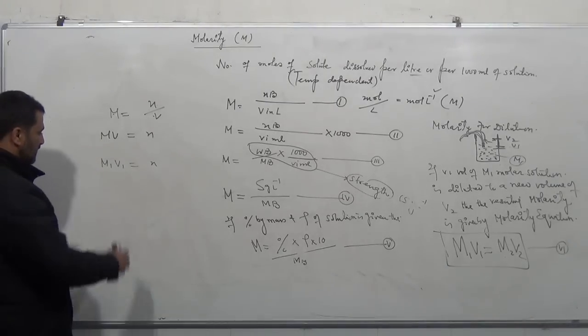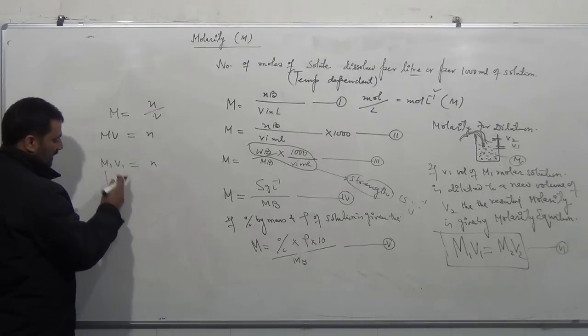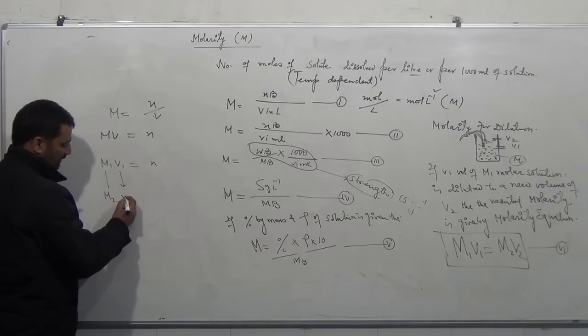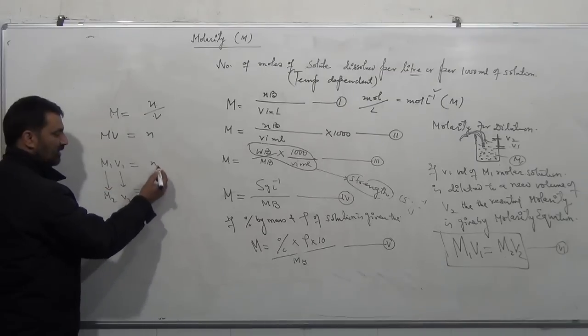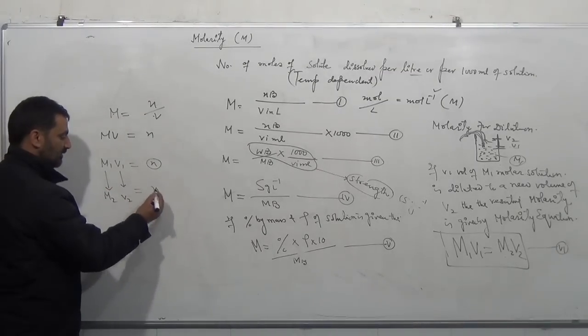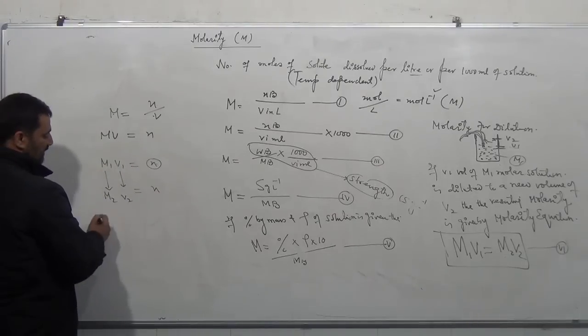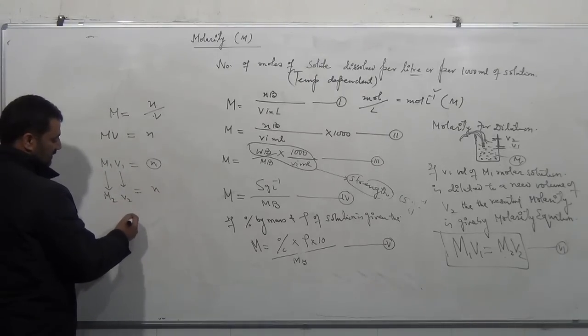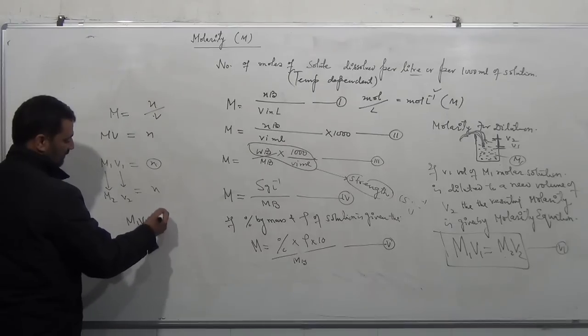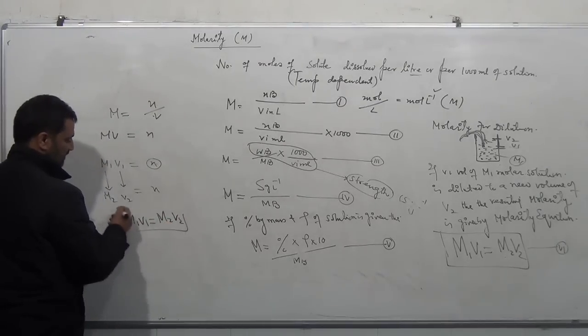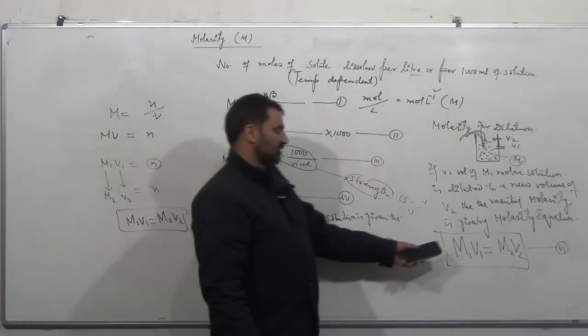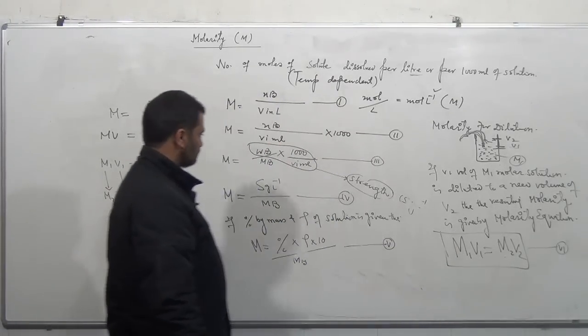Now the molarity changes to M2 and the volume changes to V2 with dilution. The number of moles of solute will always remain the same because it is fixed. So M1 V1 is equal to n, M2 V2 is equal to n. Similarly, M1 V1 is equal to M2 V2. This equation is known as the molarity equation.